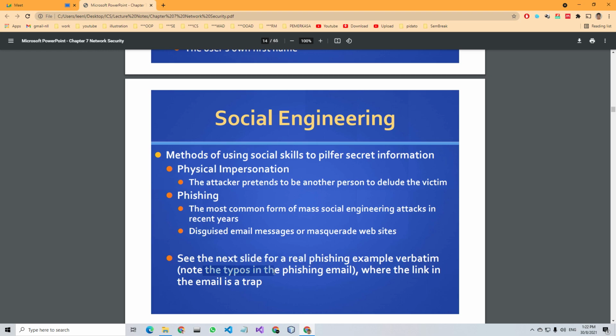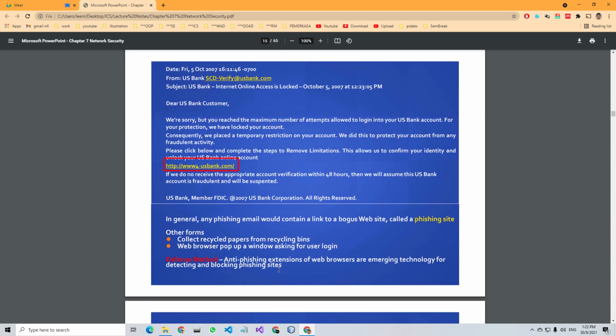Okay, next one. This is an example showing a phishing message. Look at the first email on top: "Dear bank customer, we are sorry, you reached the maximum number of attempts allowed to log in to the bank." Look at the one in the square.